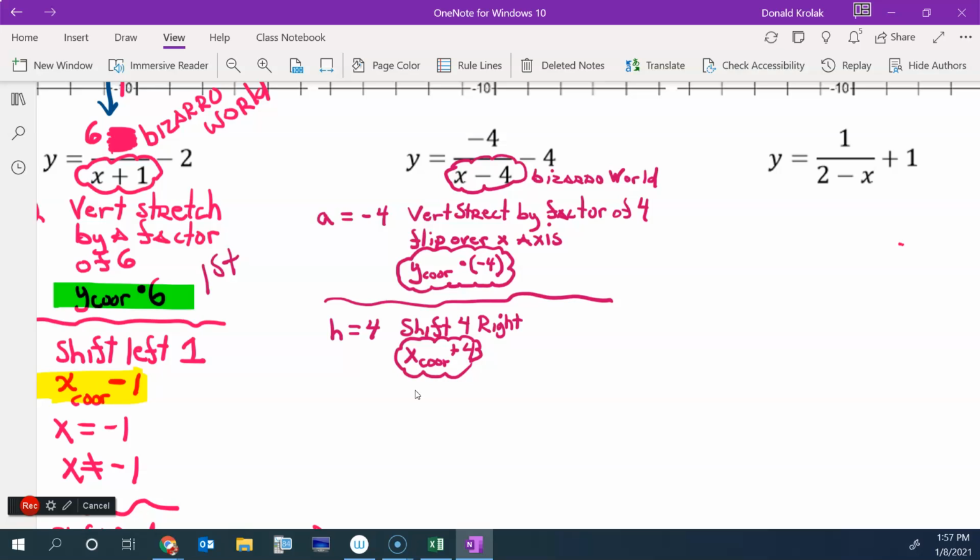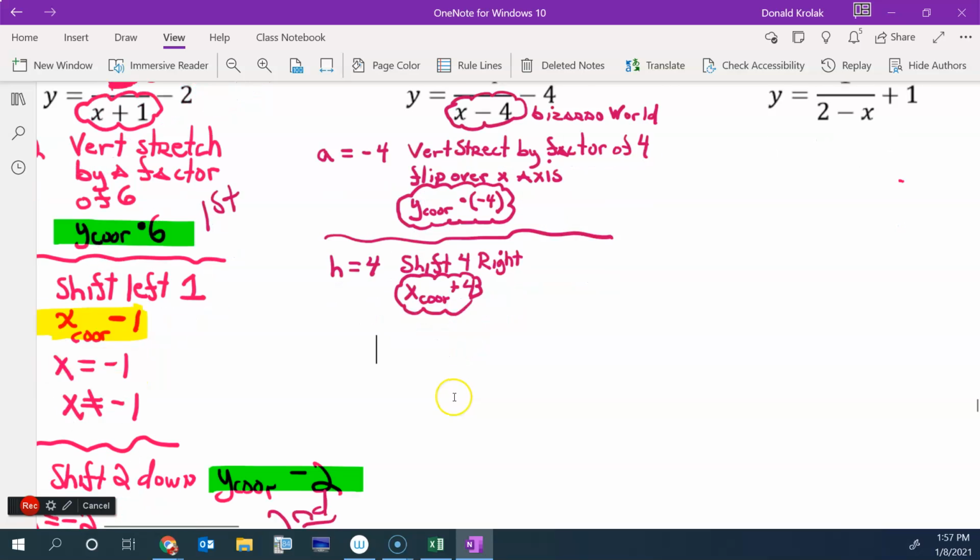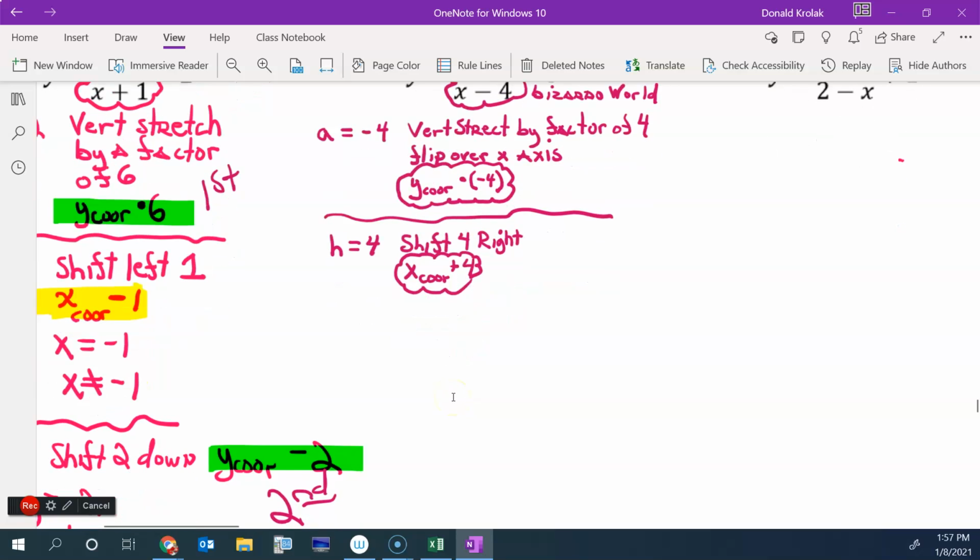Right now, if we were just to do these two, it wouldn't matter which one we did first, because one of them works on the Y and the other works on the X. The order doesn't matter. It's when they're working on the same coordinate that the order matters. Now we've got our VA and our domain. So this is going to be 4 and X.